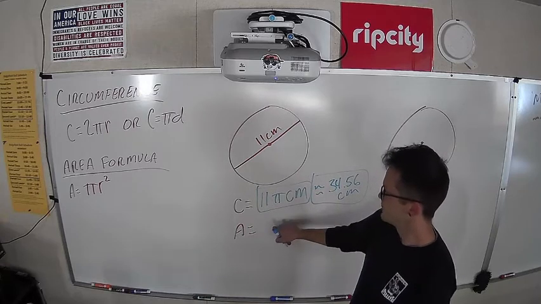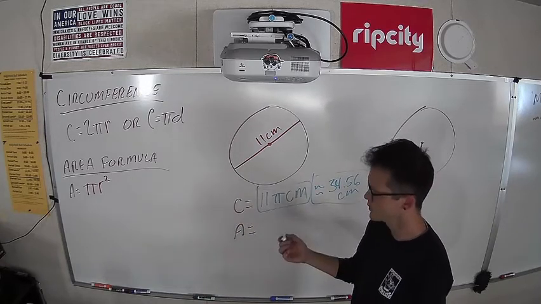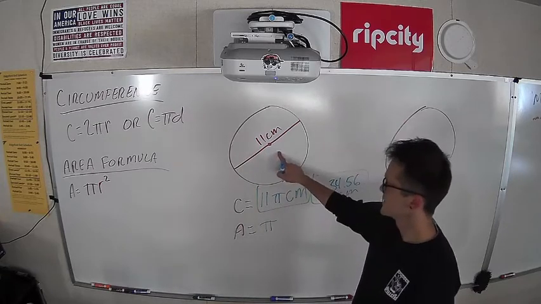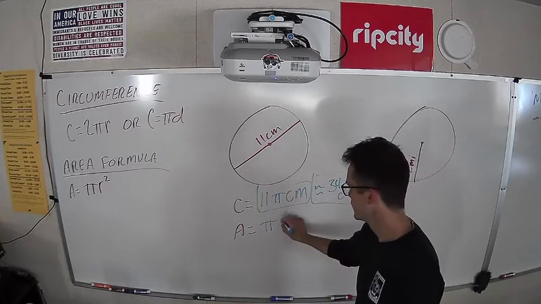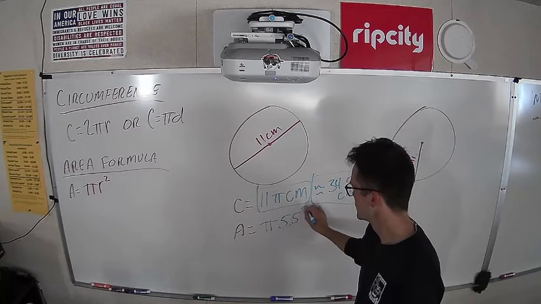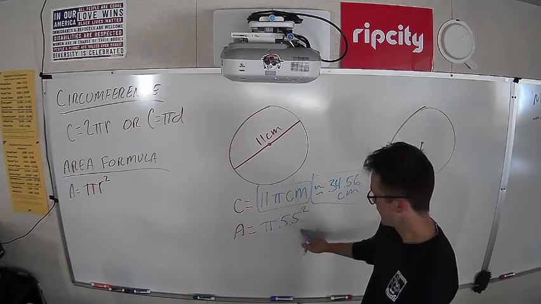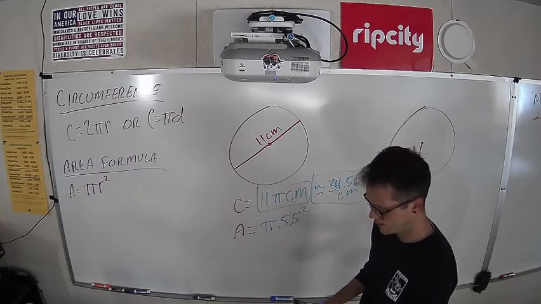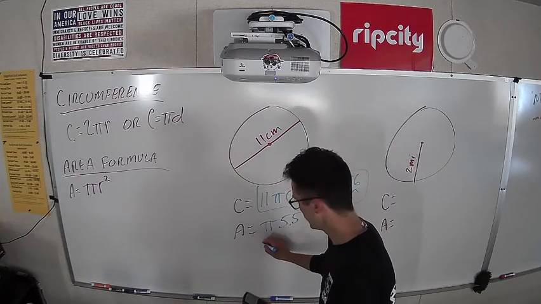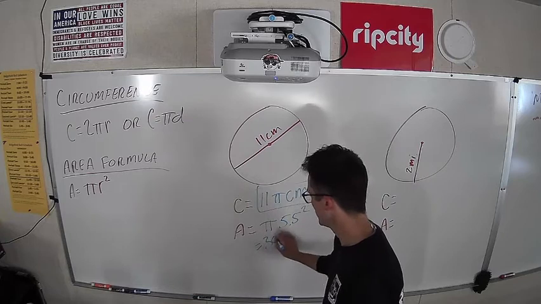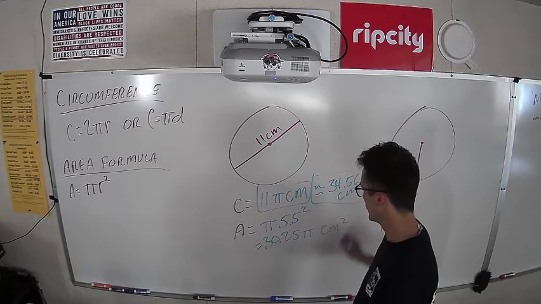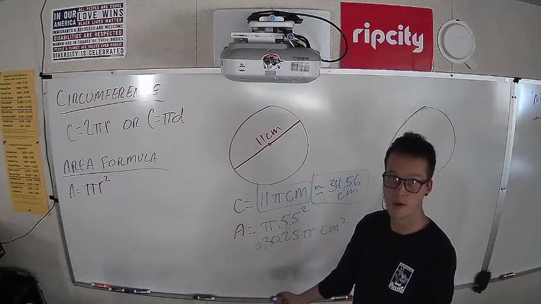Okay, the area. It's pi r squared. So it's going to be pi times our radius. Well, the radius is half the diameter, so it's going to be 5.5 squared. On my calculator here, I'm going to type in 5.5 and square it, and I learned that that is 30.25. So 30.25 pi centimeters squared is a fair response.